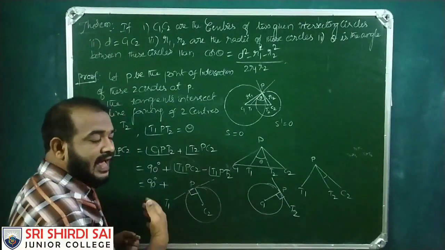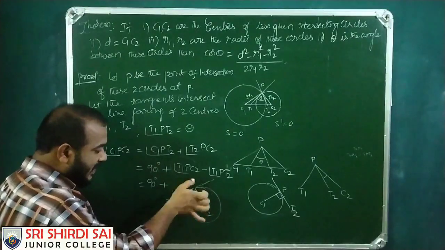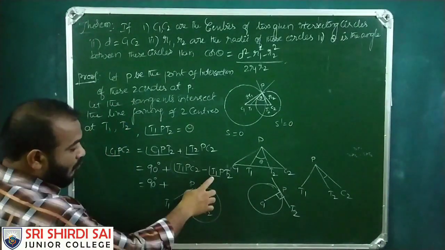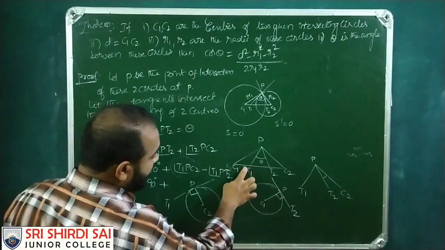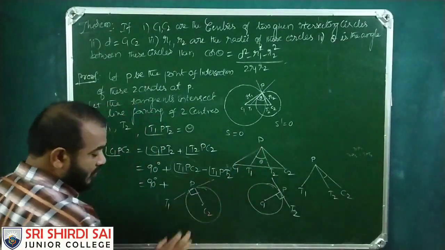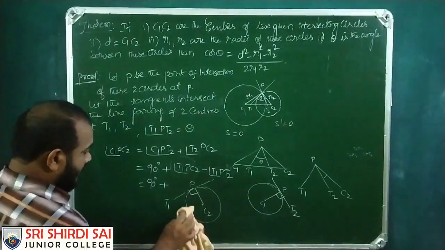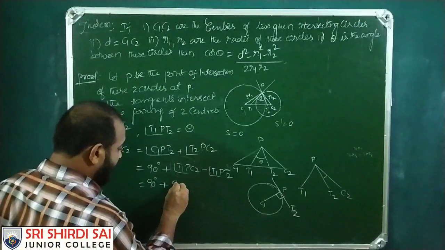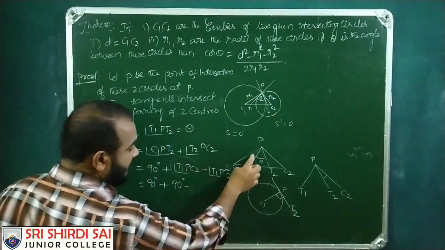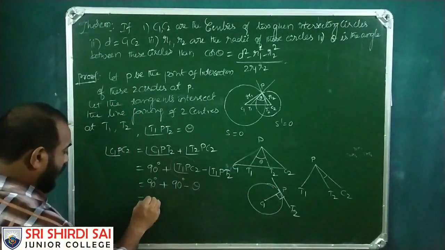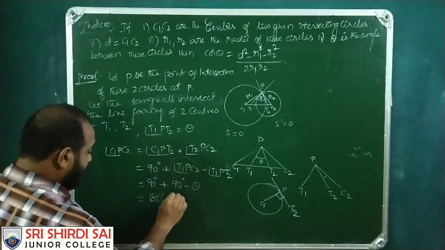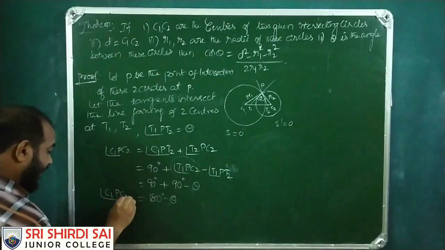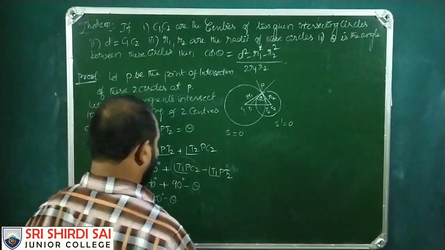We know that the angle between the tangent and radius is 90 degrees. And what is T1PT2? T1PT2 is theta. So we get T1PC2 is 90 degrees minus theta. So the whole angle C1PC2 we get as 180 degrees minus theta.